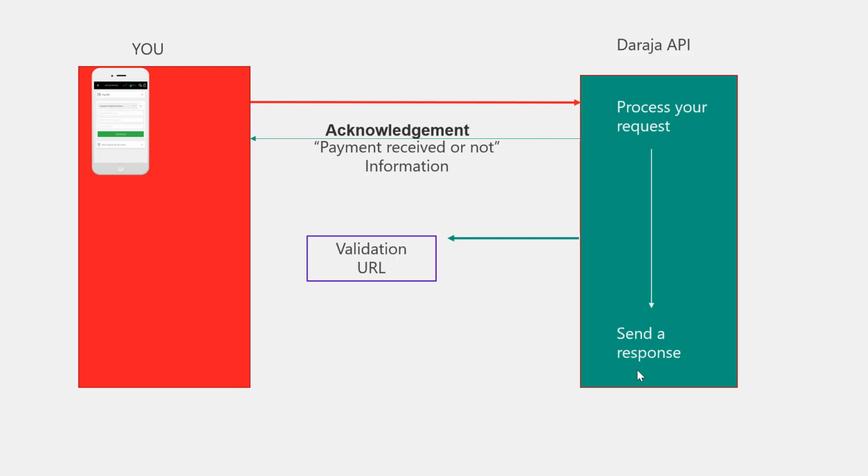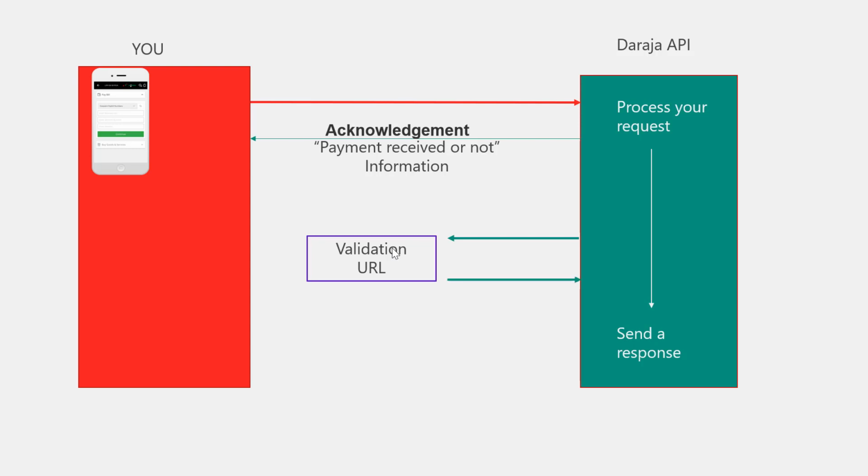For example, in the previous example, if the company owed me 1,160 and I go to my SIM card and pay maybe 1,000, this information will go to this URL, and we can program it in such a way to reject the payment or to accept it. So think of the validation URL as where we can decide to accept or reject the transaction.